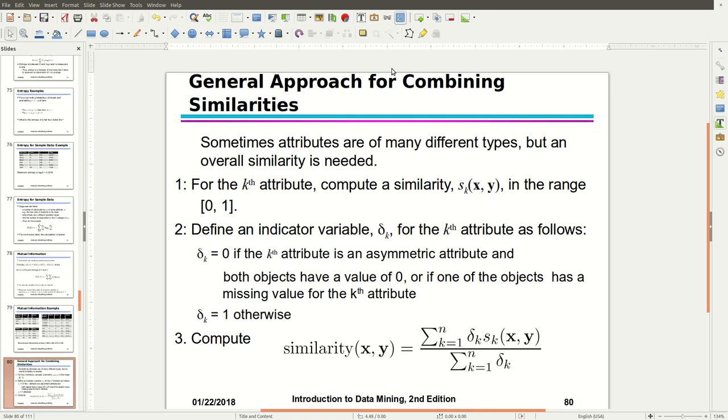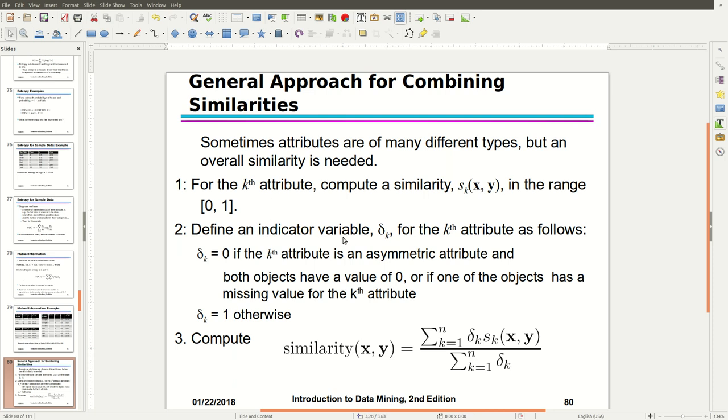So the general approach for combining similarities: we already talked about entropy, and I already talked about where we can actually use that. But this is the case where we have different similarities for many different types of variables, and we need an overall similarity to be computed. If we have, for instance, the kth attribute, we can calculate a similarity for that dimension only, and it will be a range between 0 and 1.